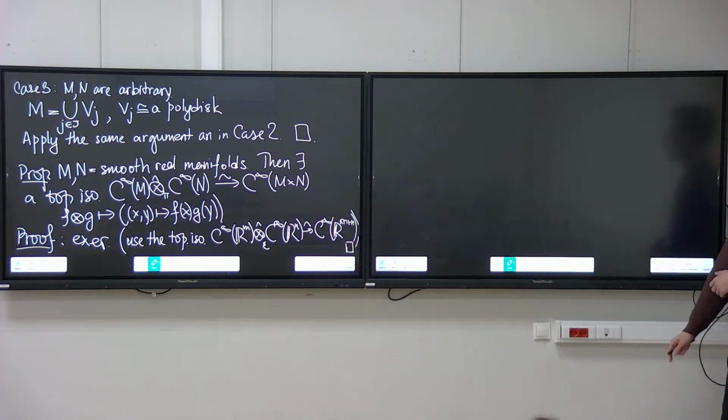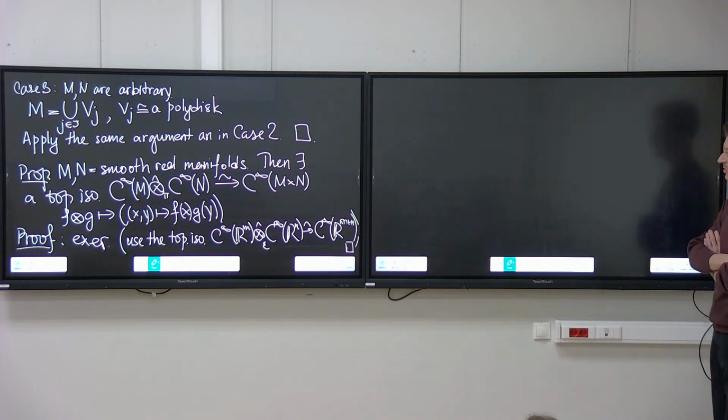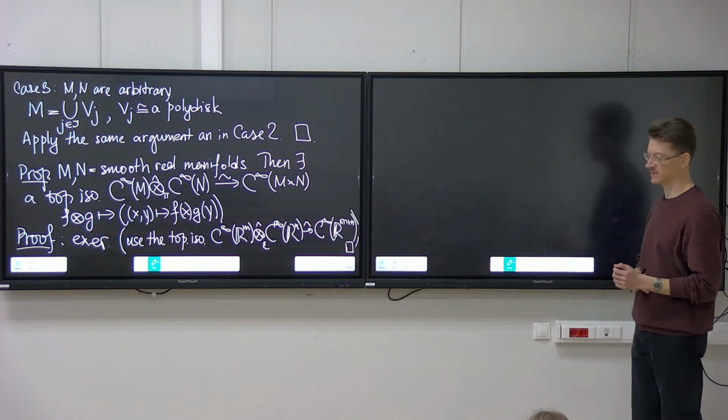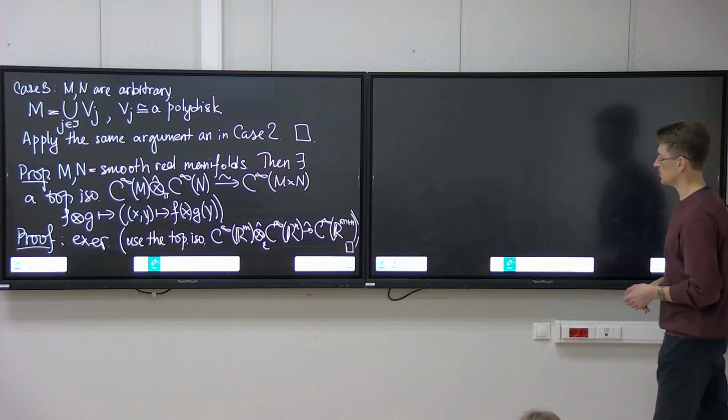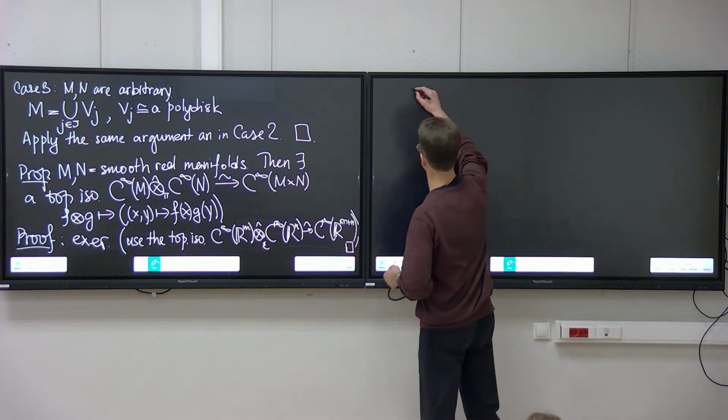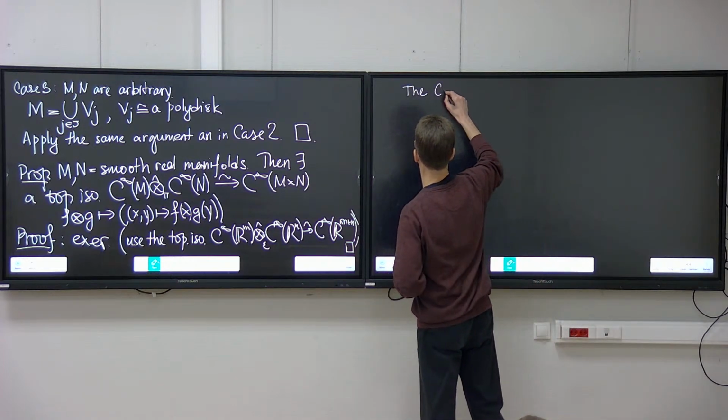Now our next goal, and this will be the final goal of our course, is to discuss an application of topological vector spaces to complex analytic geometry. So what we want to do is to prove the Cartan-Serre finiteness theorem.